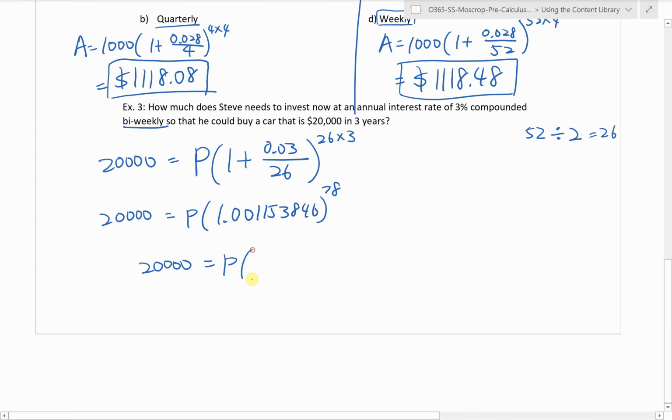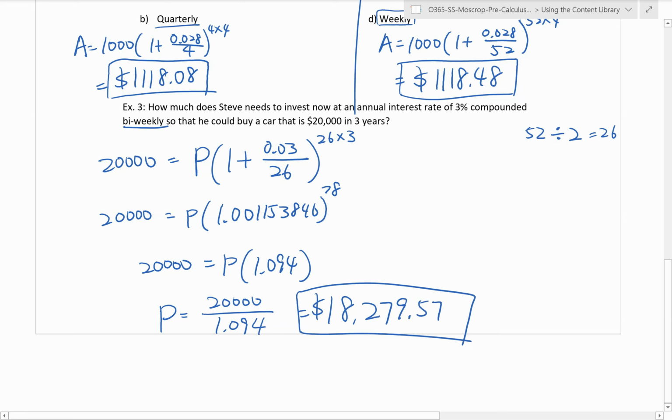You should get 1.094. Again, don't round this. Once you get to here, you want to go $20,000 divided by your enter button on your calculator. So 1.094-ish. You should get your principal. So you go 20,000 divided by enter. Your principal right now, or for Steve, the amount to invest right now is $18,279.57.